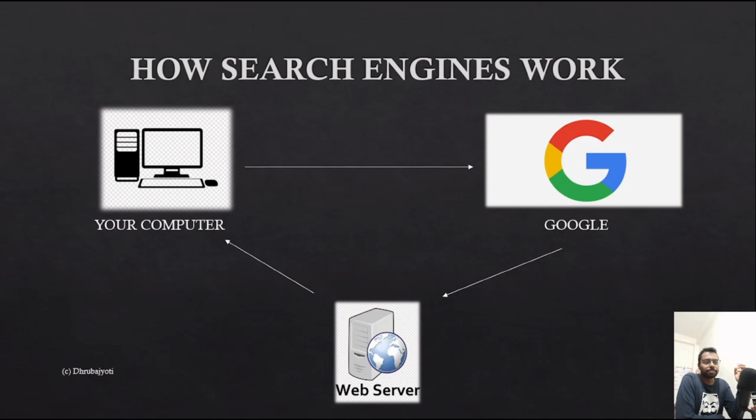Now, first let's have a look at how search engines actually work. So you have a computer in which you are sitting, maybe opened up Firefox and you are searching for something on Google. So let's say you search for Facebook. Now what Google will do is do some kind of algorithmic search and everything, and it will present you the results.